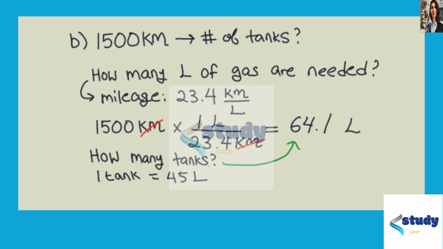So what I will do here, and once again, the strategy will look awfully similar, is I will multiply 64.1 liters of gas by one tank divided by 45 liters. And once again, my liters will cancel out, and I'm left with the number of tanks.